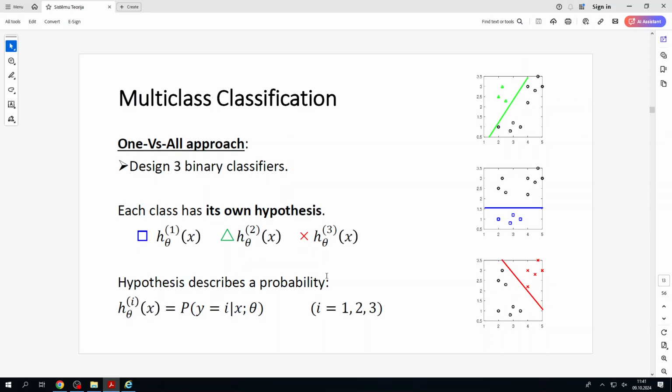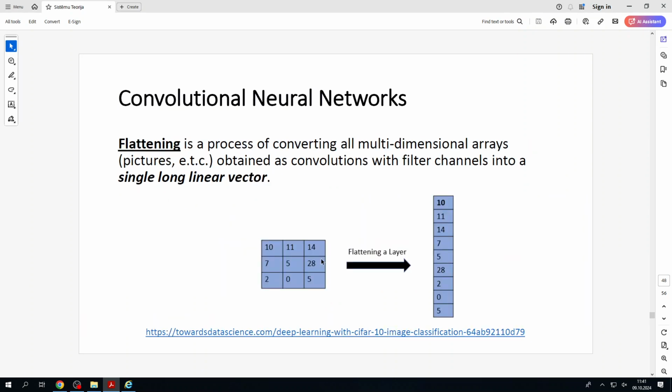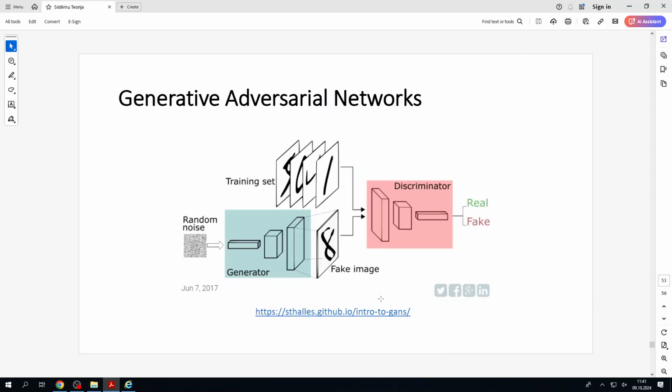So in total, 3 different neural networks, which I can then combine together into a modular network, like here. And each part of this neural network is going to be specialized in its own task. So this is one other type of neural network.